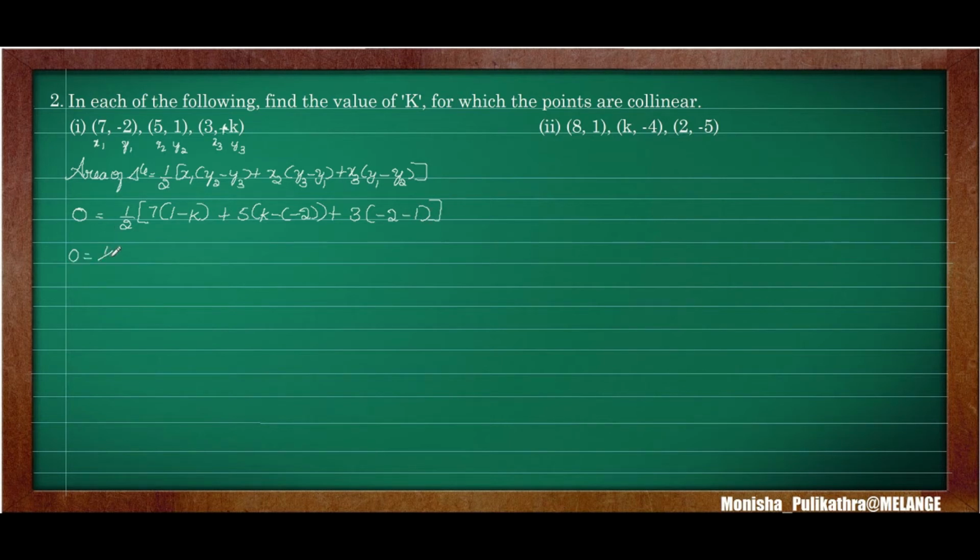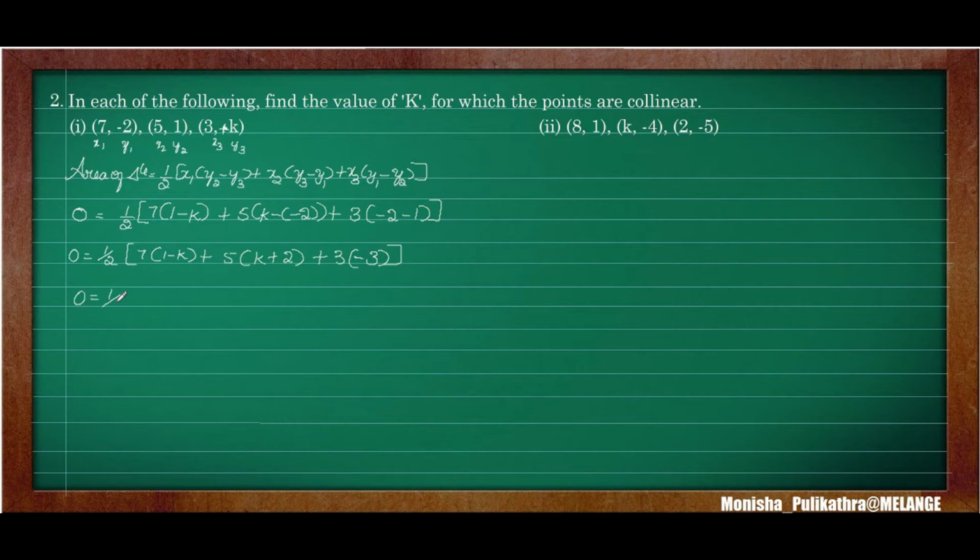So 0 is equal to half into 7 into 1 minus k, write as it is, plus 5 into k minus into minus plus 2, plus 3 into minus plus, so 2 plus 1 is 3. You need to retain the larger number sign, that is minus.